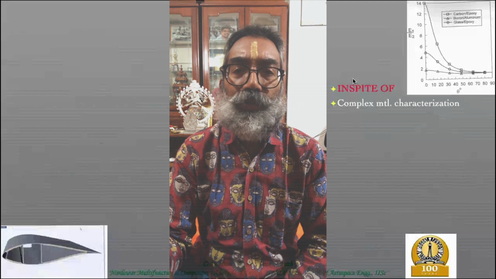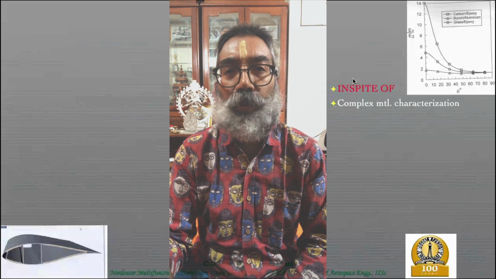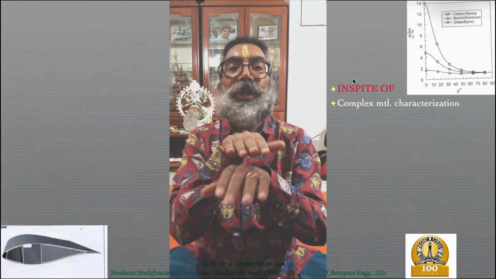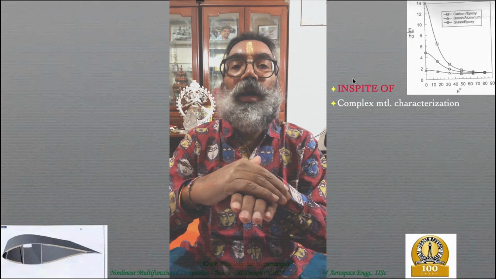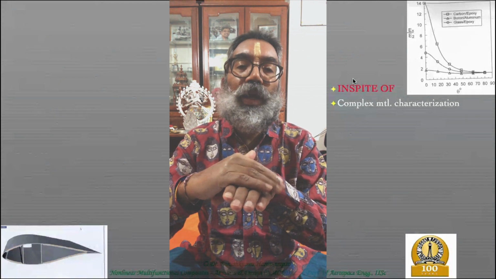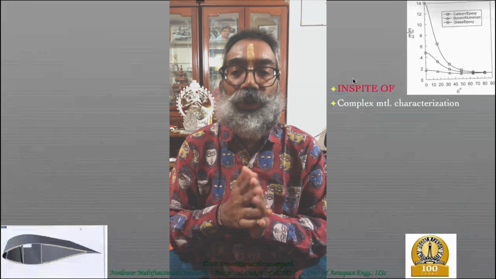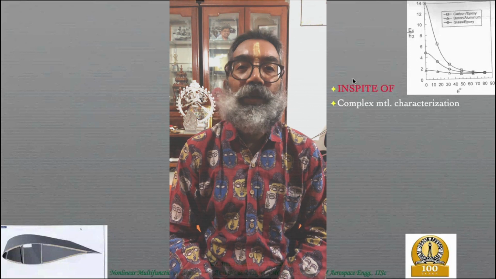Again, in terms of the material behavior, there is a complexity. One is the anisotropy that we just mentioned, that this directional behavior, it behaves in one particular way along the fiber direction, and another different way in the perpendicular direction, and in between there is a particular combination of these two which is happening. So therefore this anisotropy brings in certain complexity.